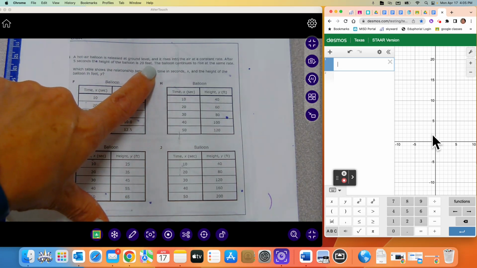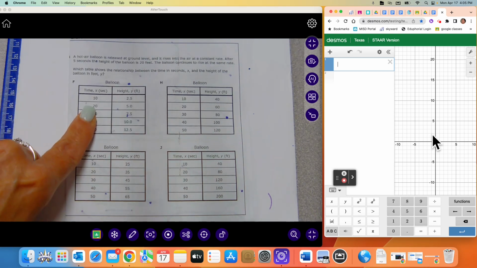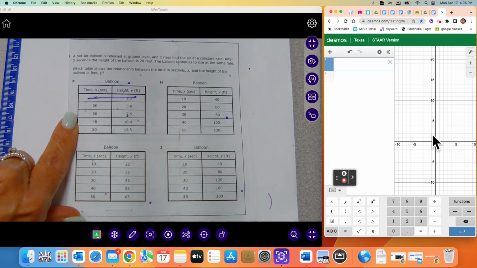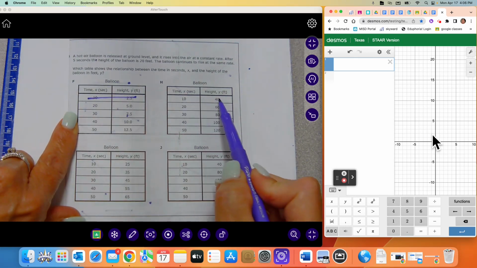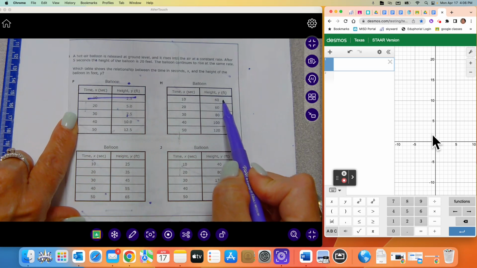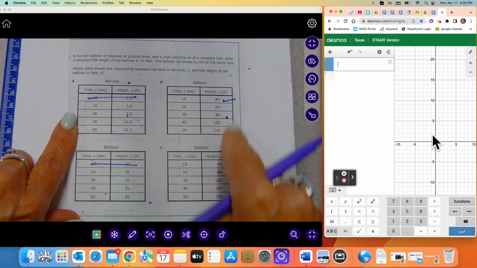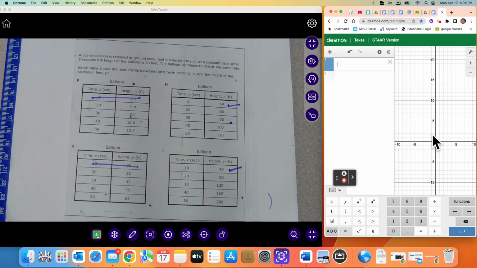That means at 10 seconds, it's going to be at 40. Okay, this is 10 seconds at 2.5 feet. Nope, not this one. 10 seconds at 40 feet. Okay, could be it. 10 seconds, 25 feet. No. 10 seconds at 40 feet. Okay, could be that.